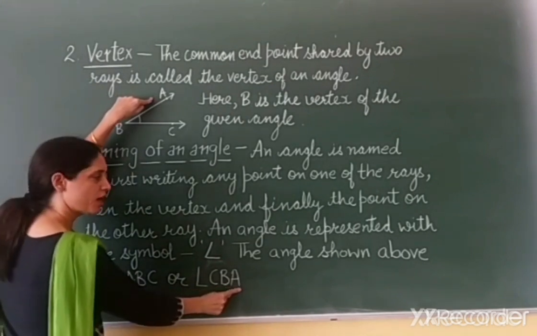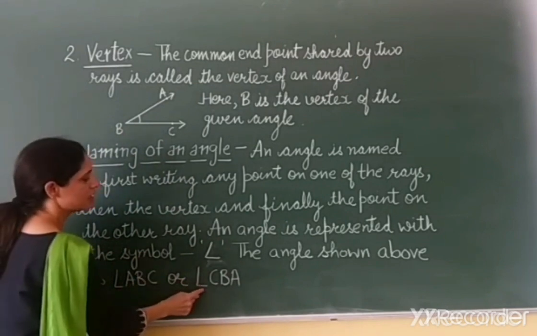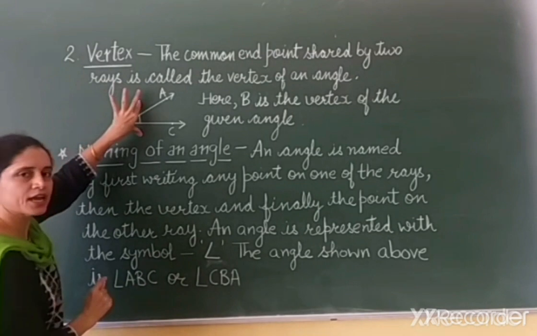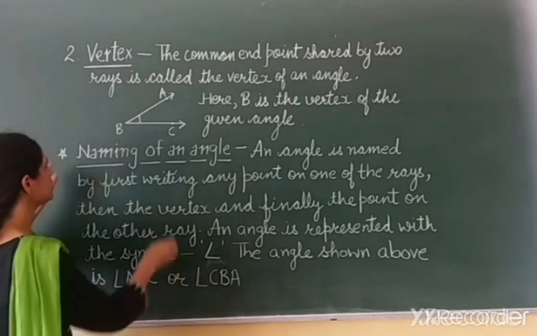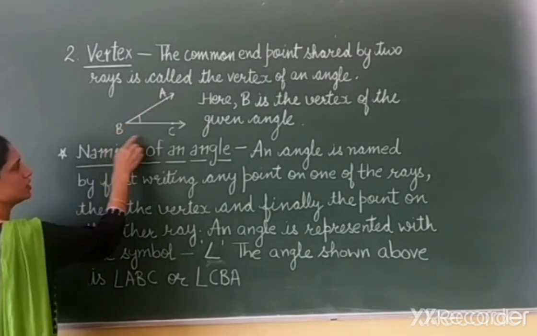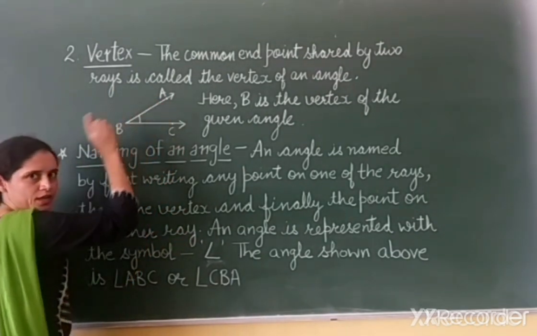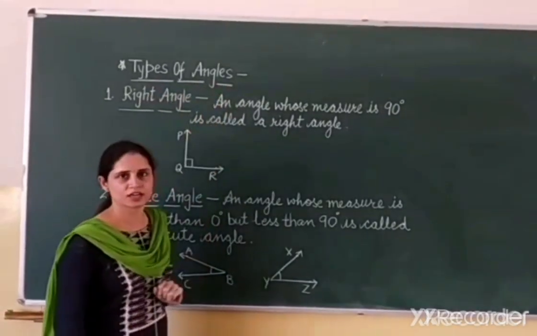This is point A. So the name of this angle is angle CBA. It means this angle can be represented in two ways, either angle ABC or angle CBA.